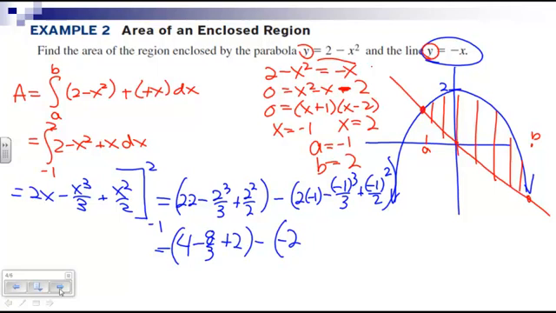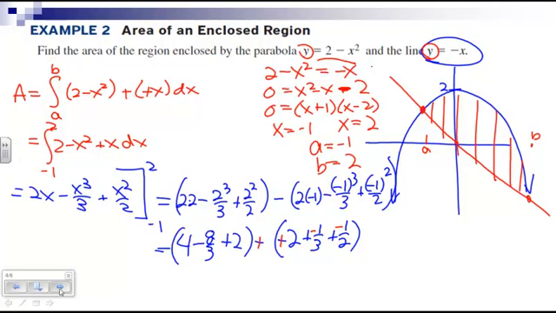Negative 1 cubed is negative 1, plus 1/3, plus 1/2. And if we distribute this sign through here, we get those signs.